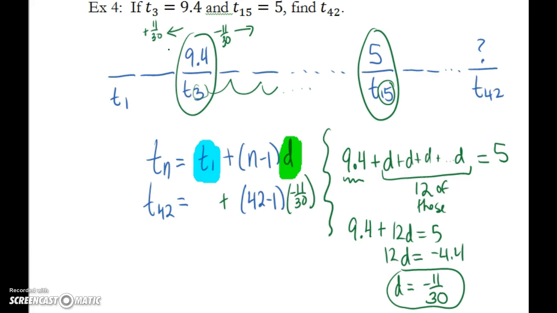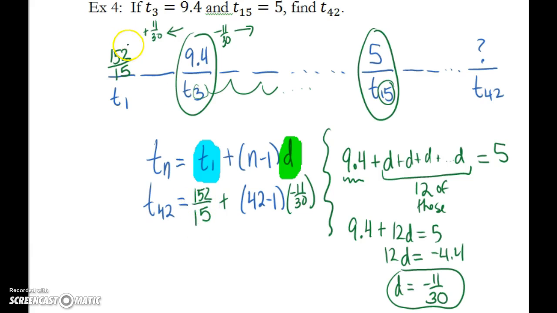And that works out to be, doing this all on my calculator, 152 over 15. Again, this is the most precise answer. If I round it, then it won't make sense, when my rounded answer is not an actual number in the sequence. All right, so we have 152/15 for t1.